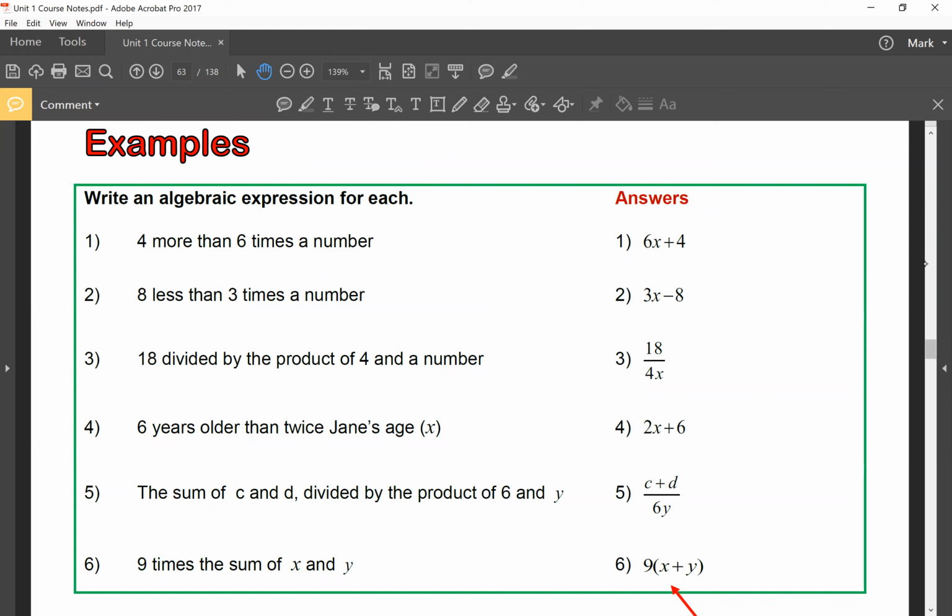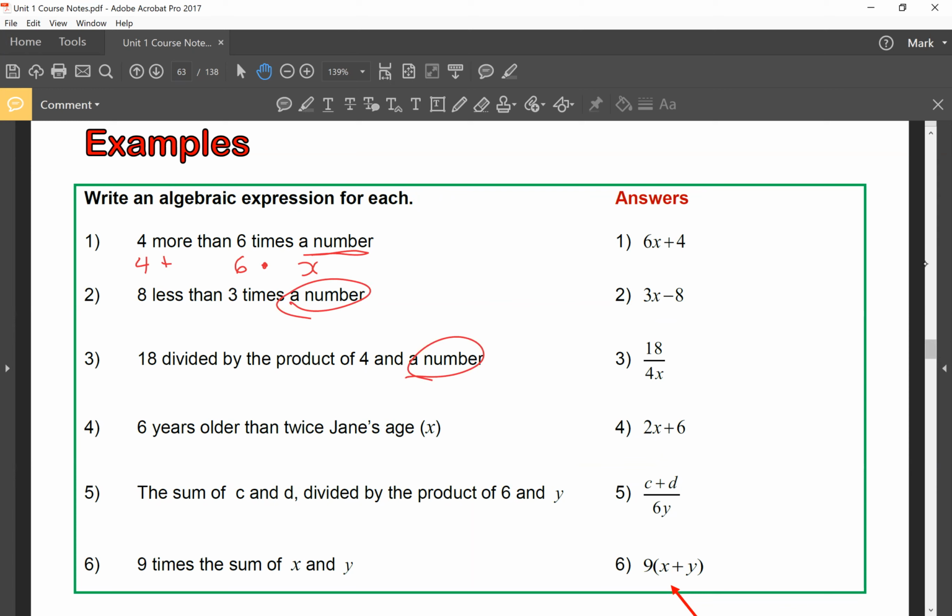So look at number 1. 4 more than 6 times a number. If I break this down, 4 more means 4 plus 6 times, or instead of times, I'm going to use a little dot here, a number. Whenever you see the word a number, that is your variable.